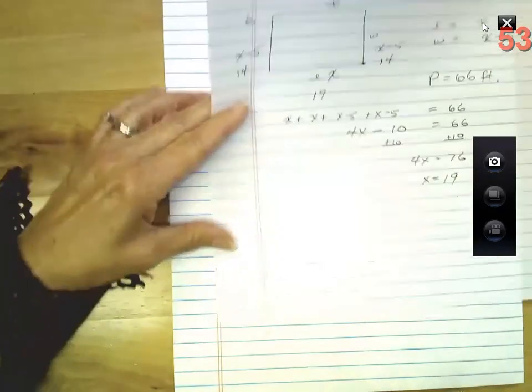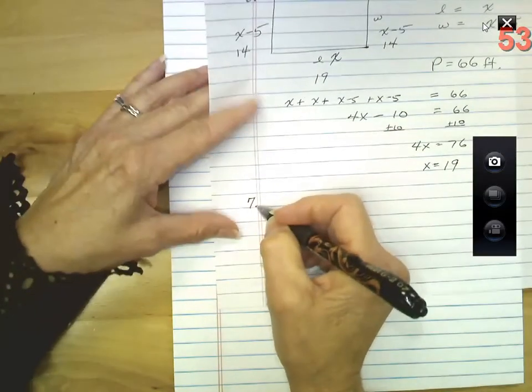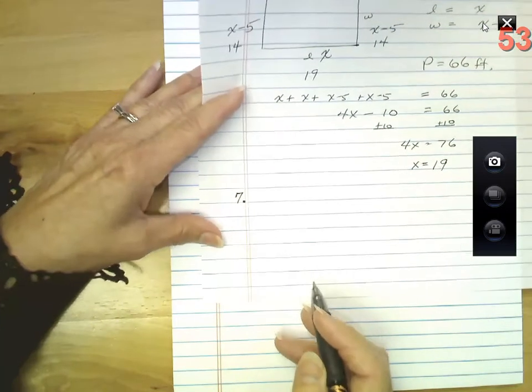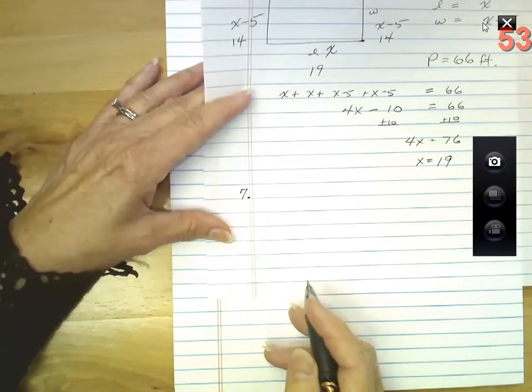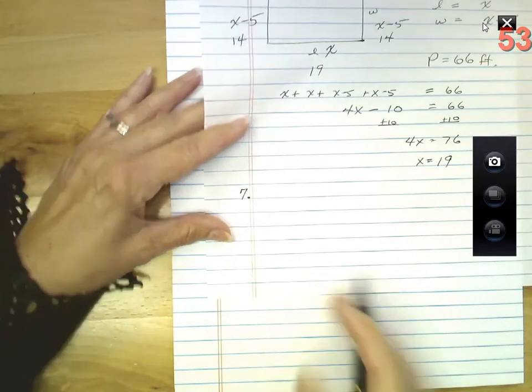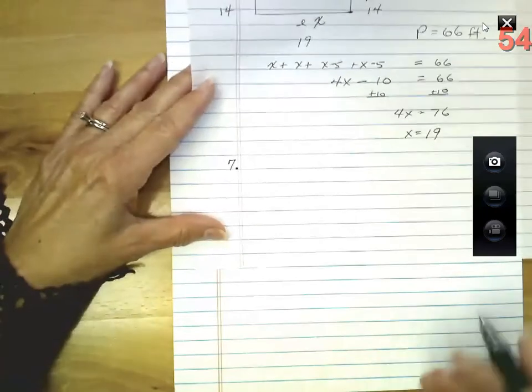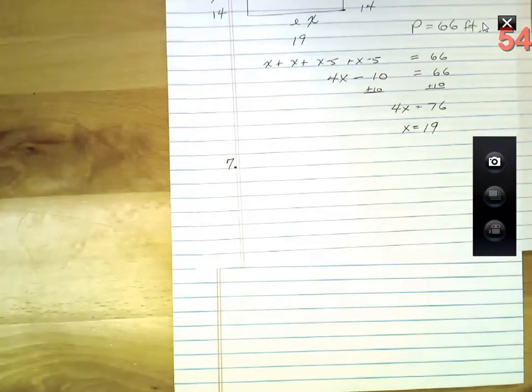Okay, let's see. Alright, the next one is one you have also not had one like. The sum of two consecutive odd integers is 28. Find the integers. Okay, before we do that one, we're going to do an easier one.